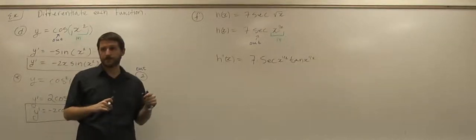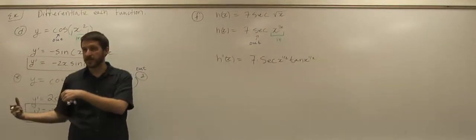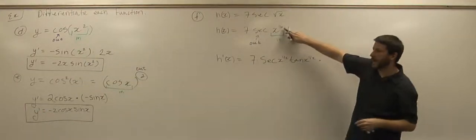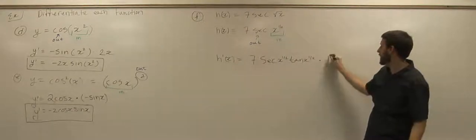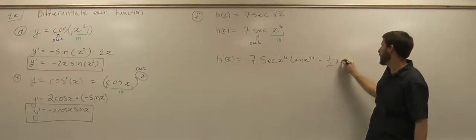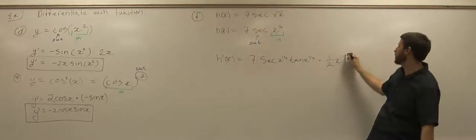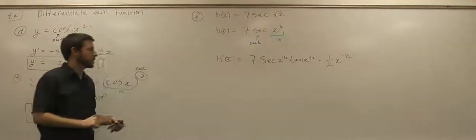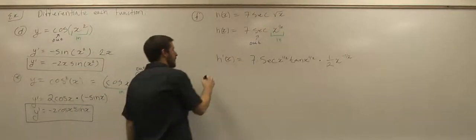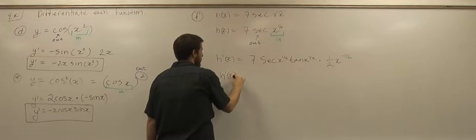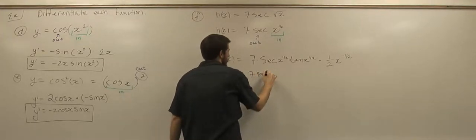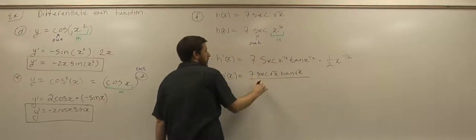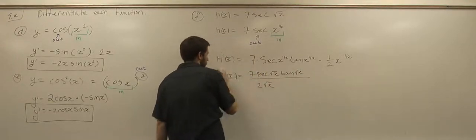But we're not done, times the derivative of the inside. You do that with the power rule: 1/2 comes down, x to the subtract 1 from the power. Altogether, h prime x equals 7 secant root x tan root x over 2 root x.